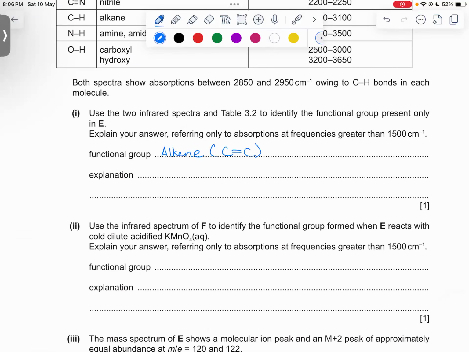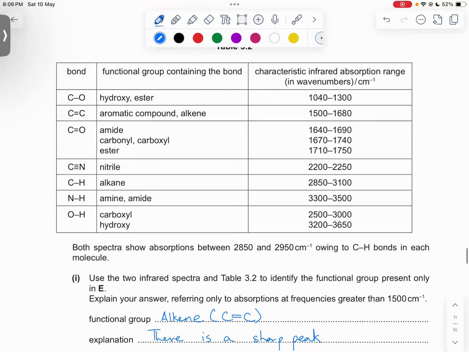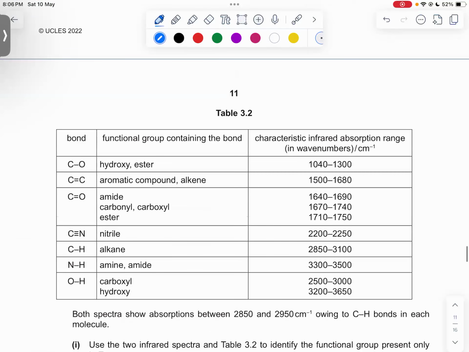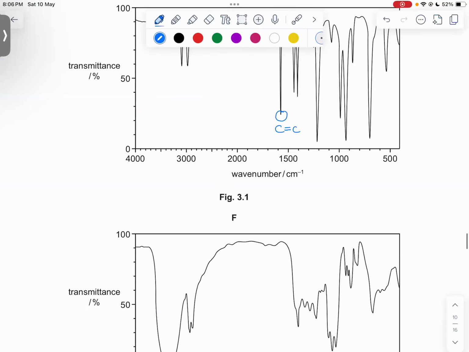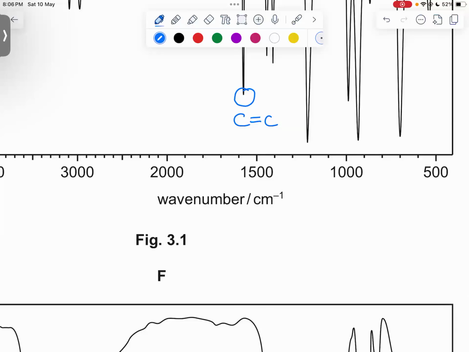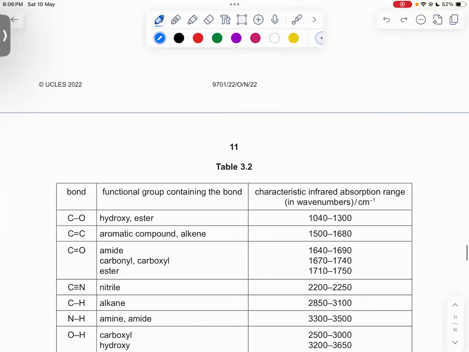And how do I know that? There is a sharp peak at wave number between 1500 to 1680. If we want to be exact, we can be exact as well. It is roughly at 1580, right? At approximately 1580.